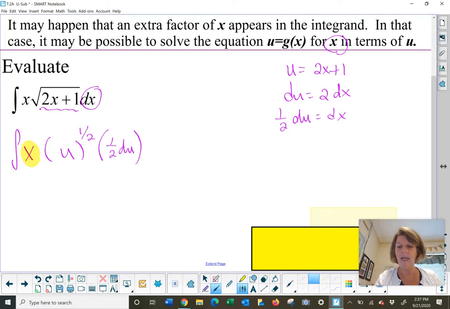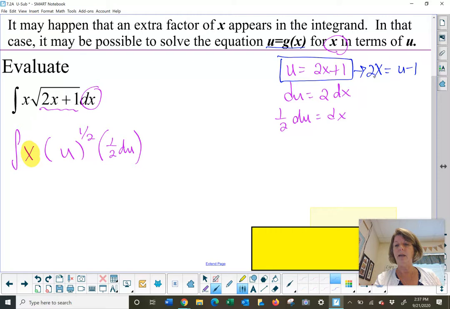Well, let's take this statement, u equals g of x, and switch it into x equals. So if I do that, I would have what? 2x equals u minus 1, and then I need to divide by 2.